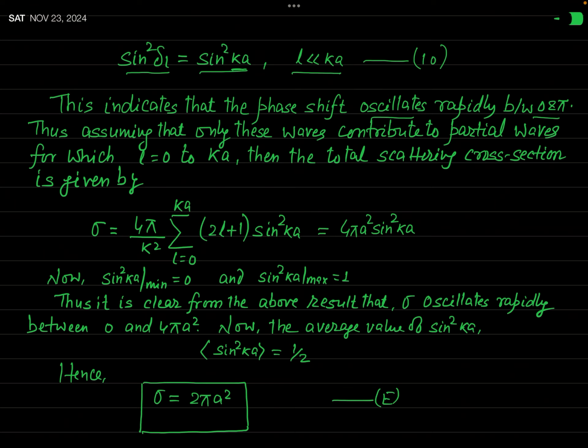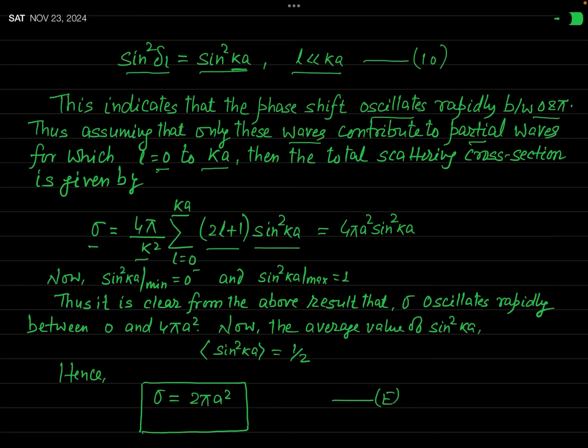Okay, so assuming that only these waves contribute to the partial waves for which L equals 0 to L equals Ka, then the total scattering cross section will be what? Sigma equals 4 pi over K square, summation L from 0 to Ka, times 2L plus 1, times sine square Ka.